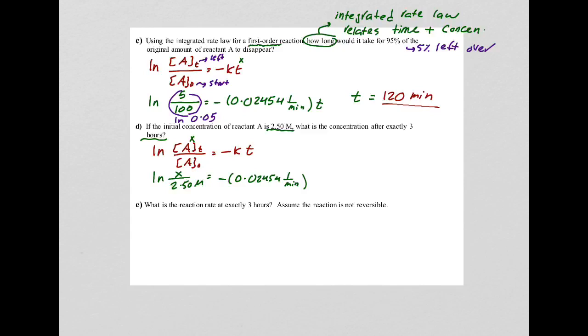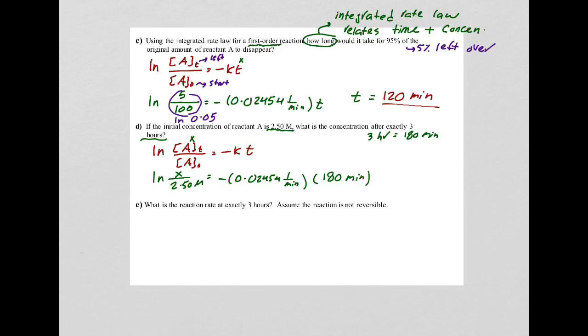But remember, I have to plug in minutes because my K is in minutes. Your constant dictates your units. Okay, so 3 hours would be how many? 3 hours would be 180 minutes.